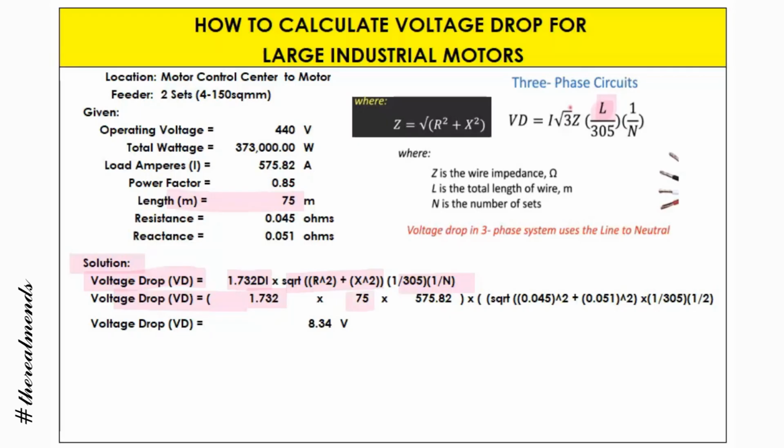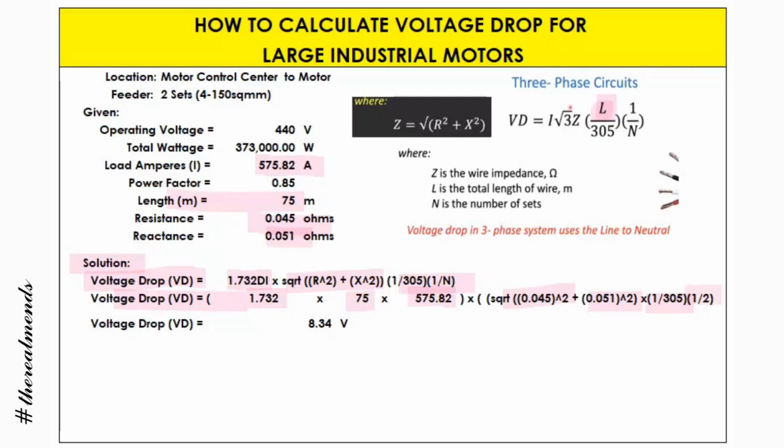Yung current, which is 575.82 amperes, times the square root of 0.045 squared plus 0.051 squared, multiplied by 1 over 305, because yung ating impedance from PEC is per 305 meters.